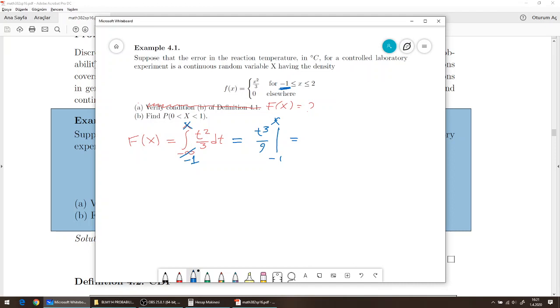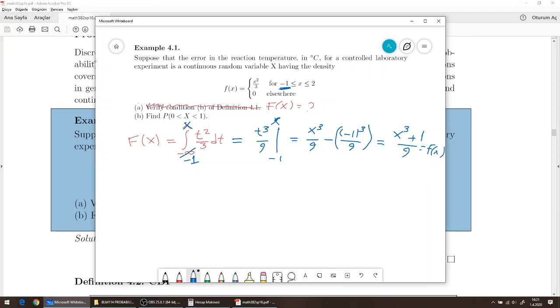First we put x for t: x cubed over 9 minus minus 1 cubed over 9. It is minus 1 again, and at the end it gets plus 1. So it is x cubed plus 1 over 9. This is uppercase F of x.